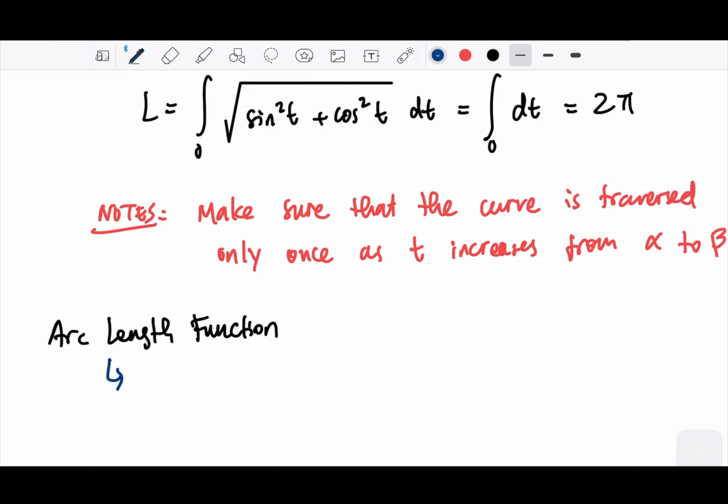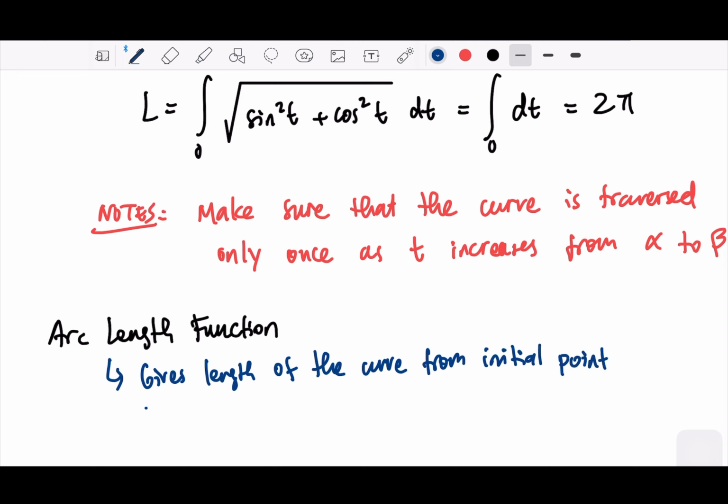Arc length function gives length of the curve from initial point to any other point on the curve, which usually in calculus when we symbolize, we make it into some x. Okay. So it doesn't need to be the exact length, but it can be any terminal point, any end point. Okay.